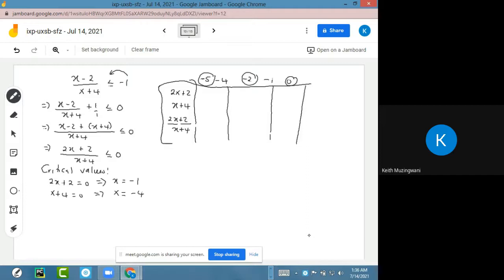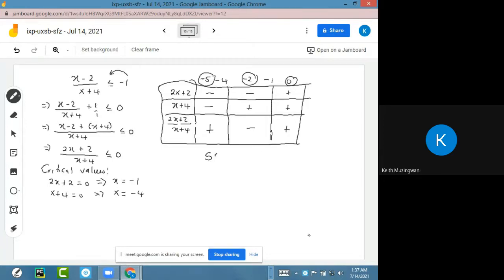Substitute -5, it will give us negative here and negative here, so that we have positive. -2 will give us negative here, positive here, so that we have negative. 0 will give us +2, +4, so that we have positive. Whenever it is less, we get the negative.